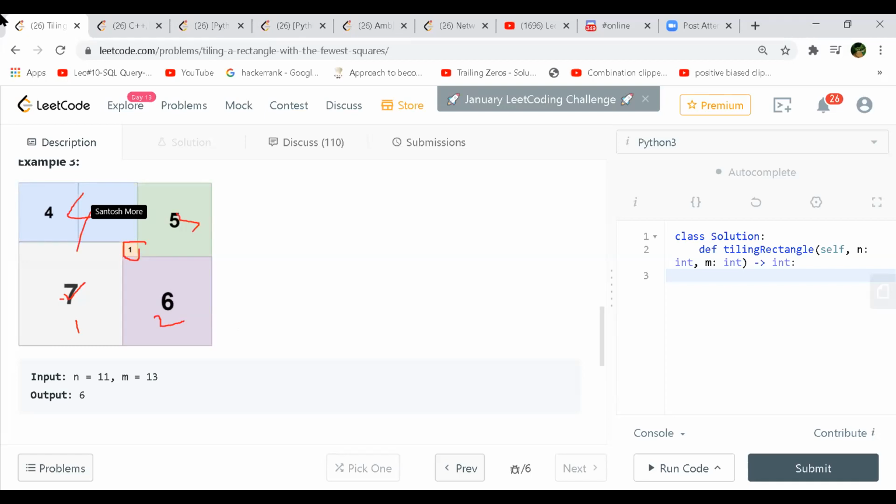Now he has shown that I can divide this into 4 by 4, because similarly we'll have to do it for this 7 also, right? We'll have to divide with the same algorithm we were discussing earlier. We divide horizontally and vertically and then find the minimum. Everyone is trying to divide it into 4 rectangles.